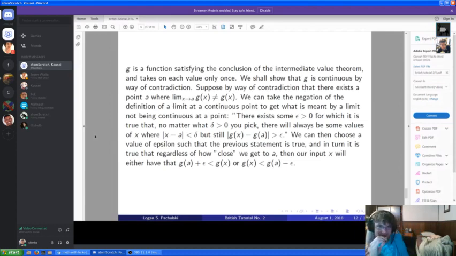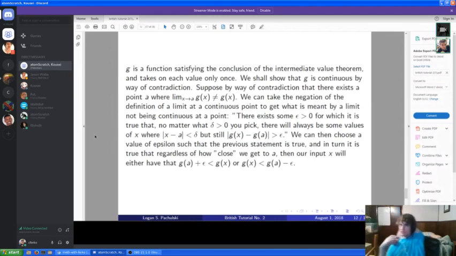Alright, so allow me to remember. I believe that we are proving the converse of the intermediate value theorem, correct? You're proving the converse with the one extra assumption that g takes on each value only once.